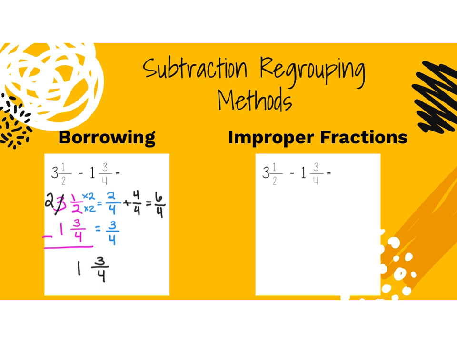The other method we could use is the improper fractions method. In this method, we would need to convert both of our mixed numbers into improper fractions. So we'll multiply our denominator times our whole number and then add our numerator. So 2 times 3 is 6, plus 1 is 7.